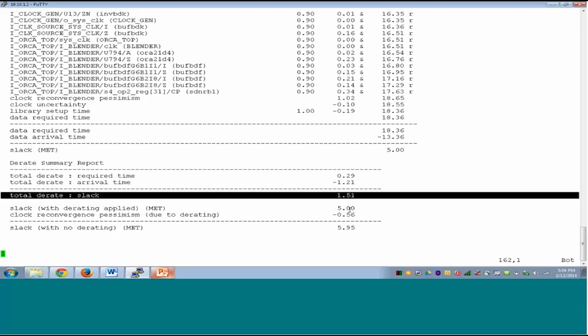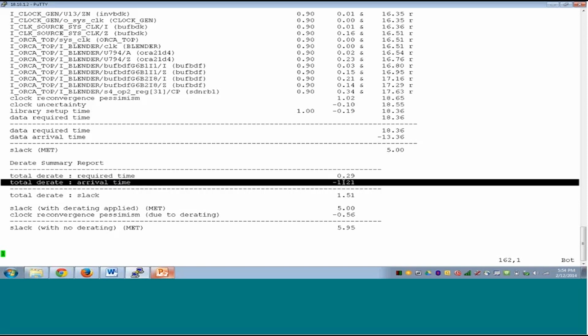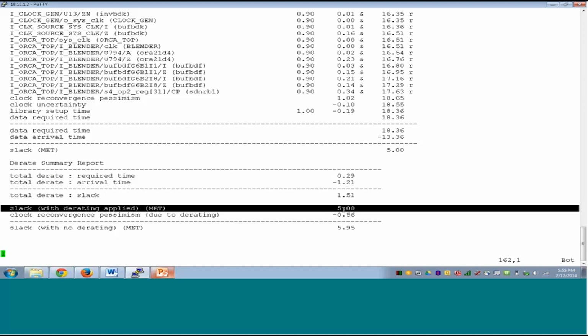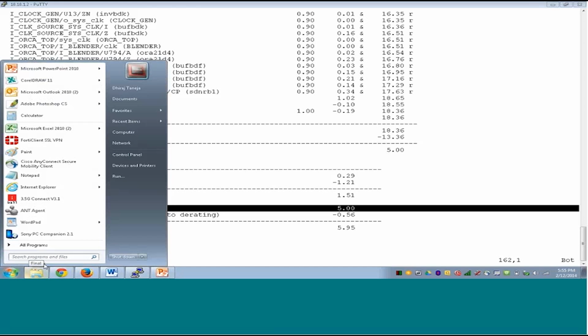If the derate was not there, then CRPR would have been not there, and the CRPR credit should be adjusted again. So 1.51 is the total derate that is applied. This minus shows it's late derate in the arrival time. So total derate is 1.51 plus slack with derating applied, 5, minus 5. So it will be something like this.